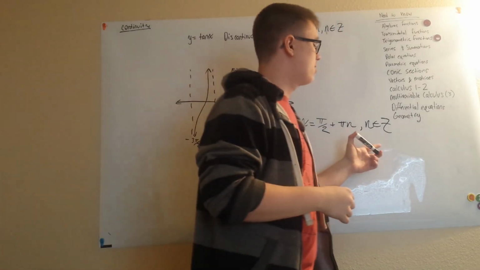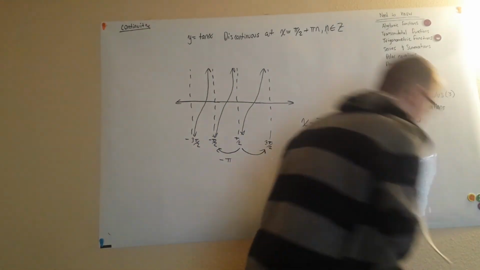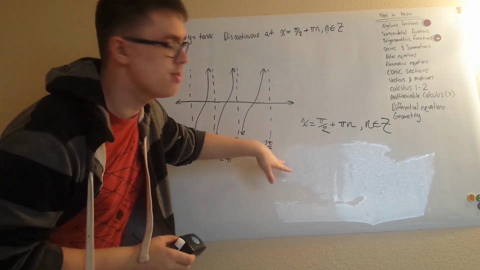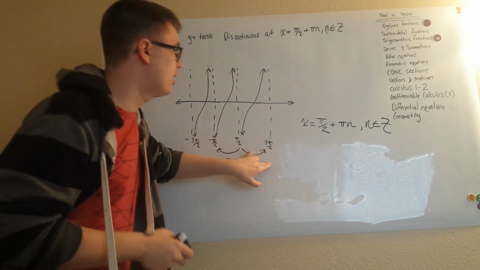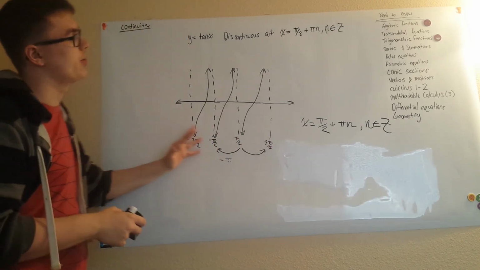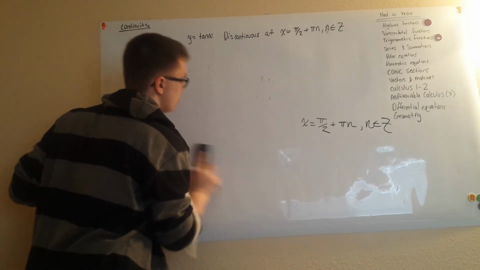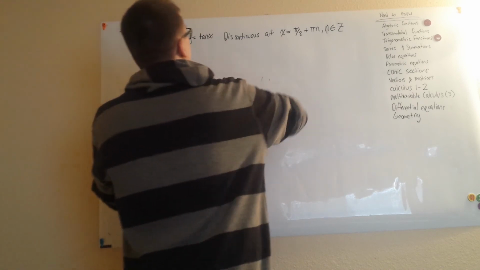That just says n can be an integer. That's just a notation thing. So tangent has an asymptote starting at pi over 2 and adding or subtracting pi. That's how we do it. And they're non-removable.